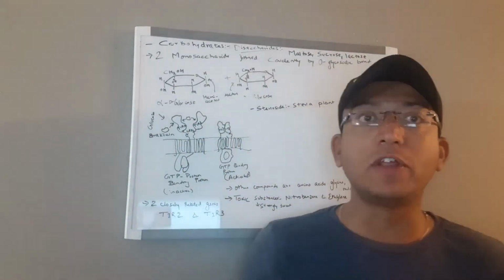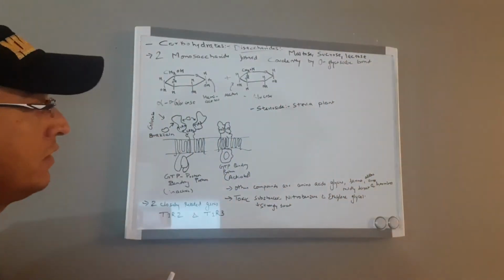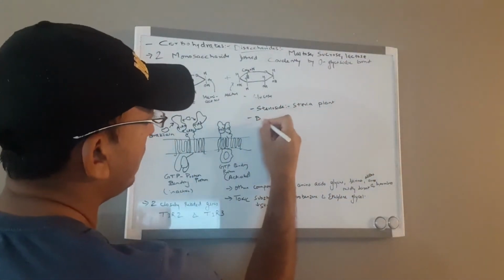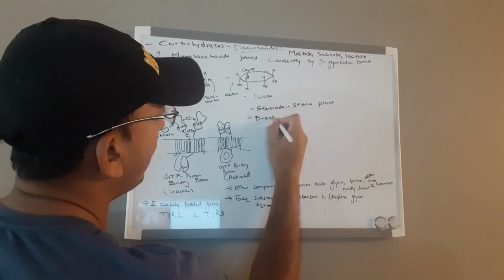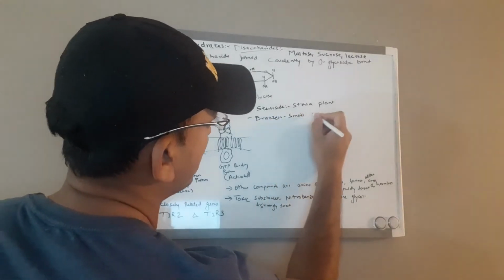The small 54 amino acid protein, brazzein, that I wrote here. This is a small 54 amino acid protein.